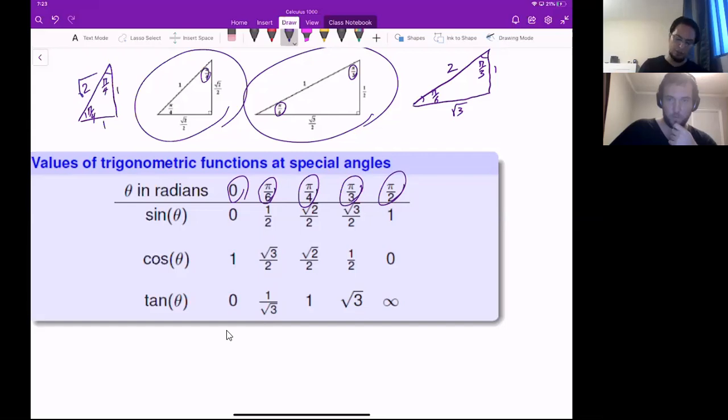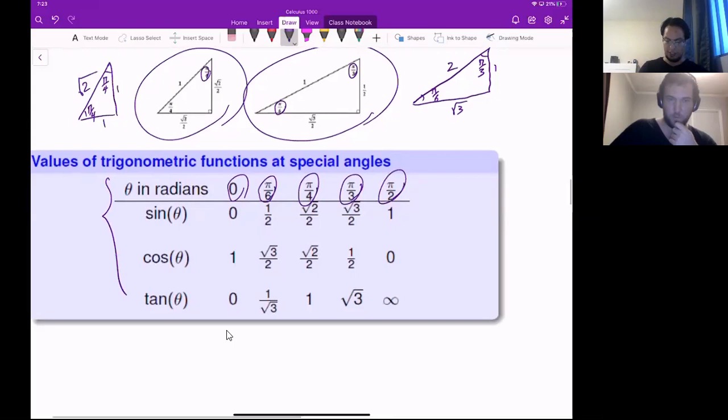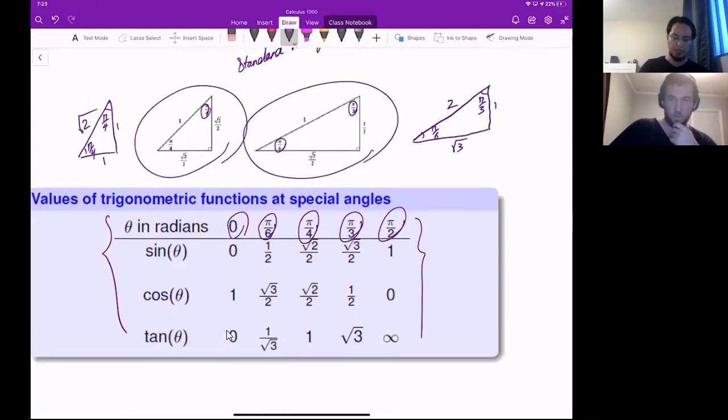You have to know this table by heart. So you should remember it. You should use those values whenever it comes for these kinds of questions. And again, you either memorize this table of special values, or you just remember these two special triangles, and those will give you exactly the same values.